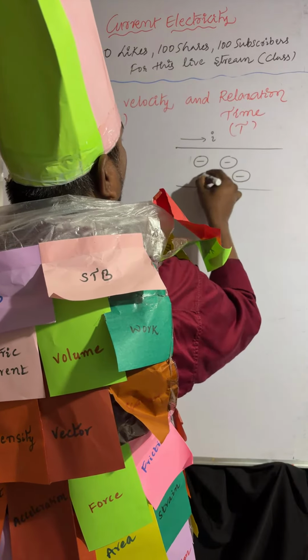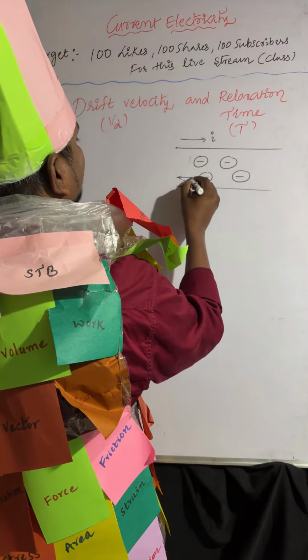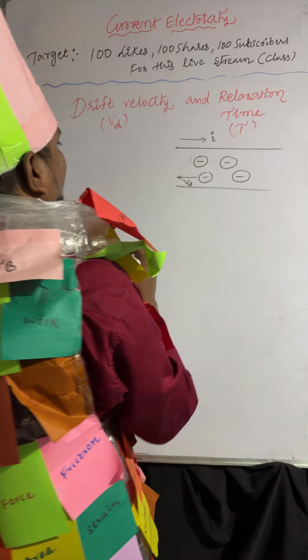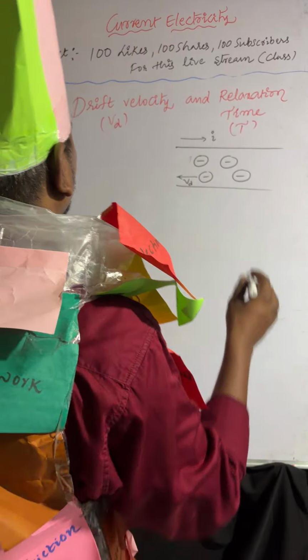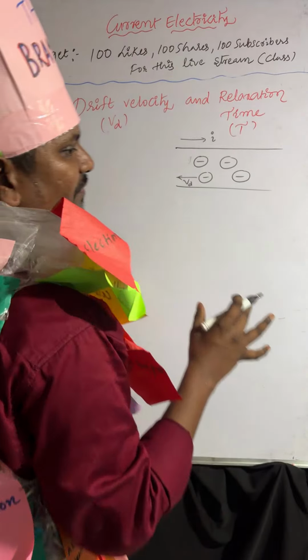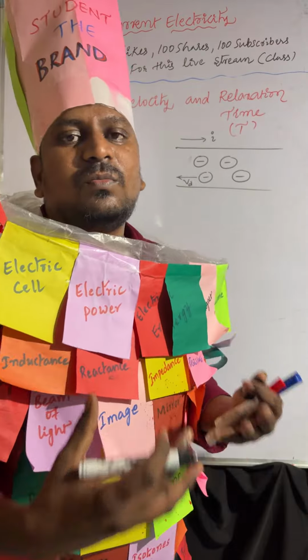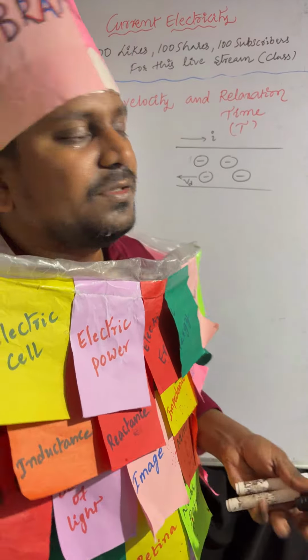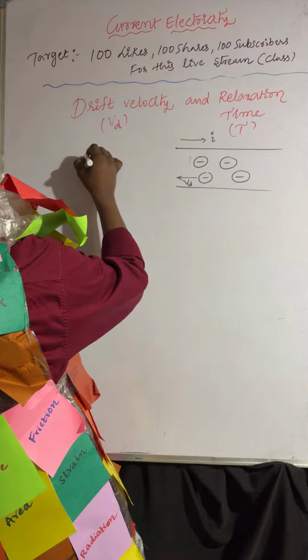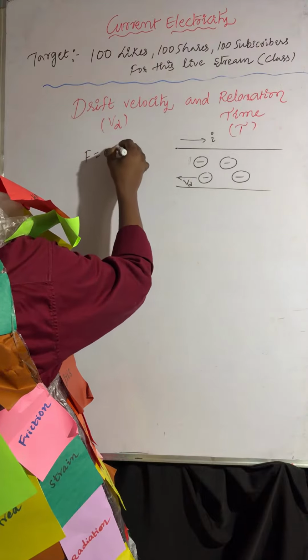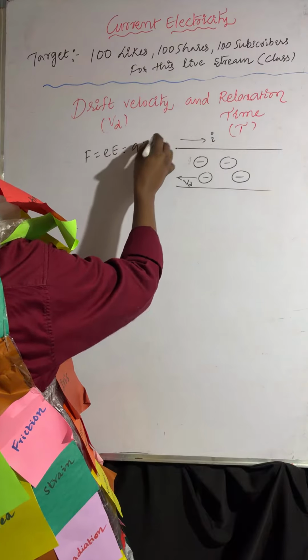This is the drift velocity. And now we know it experiences some force: when electrons are moving in a conductor, they experience force. So F equal to QE.